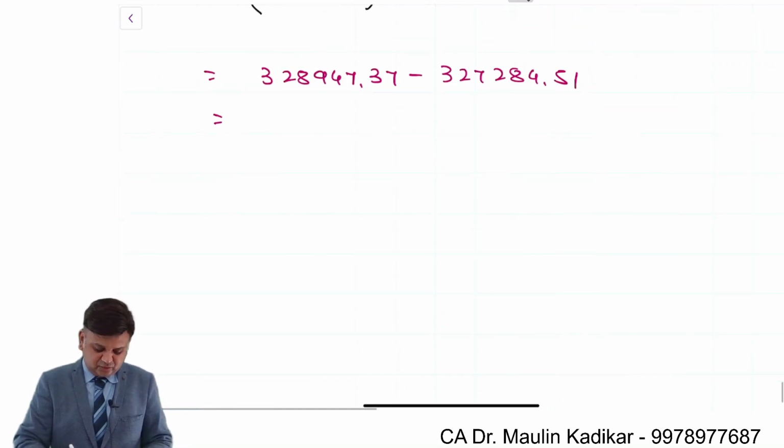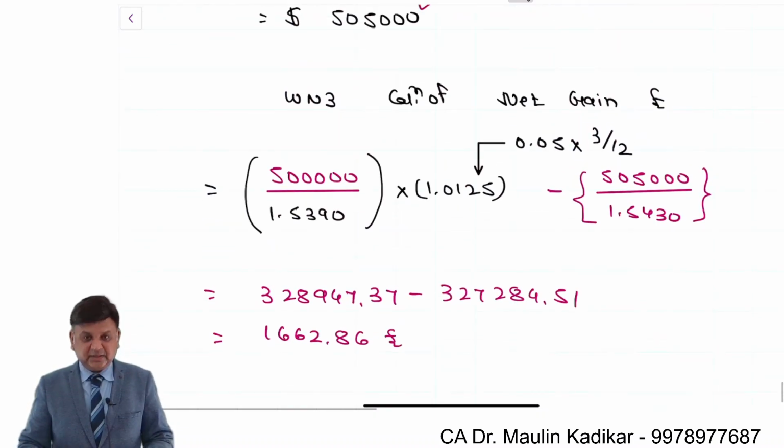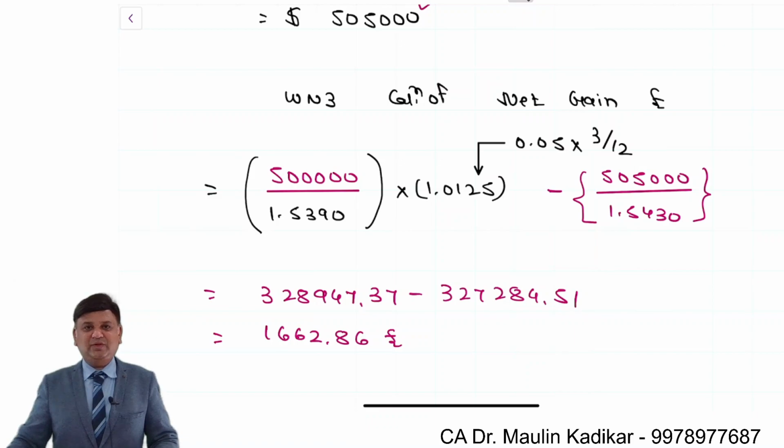So 1662.86 UK pound. This is the way we can compute the answer.